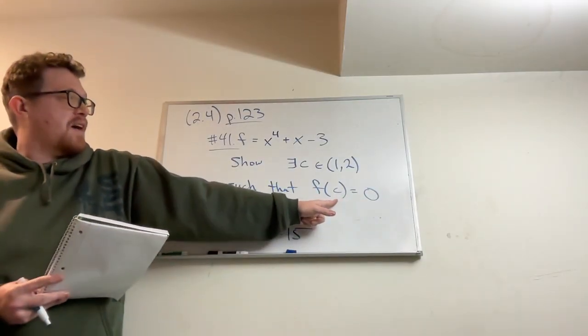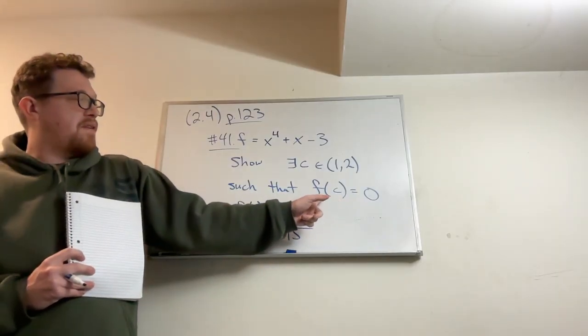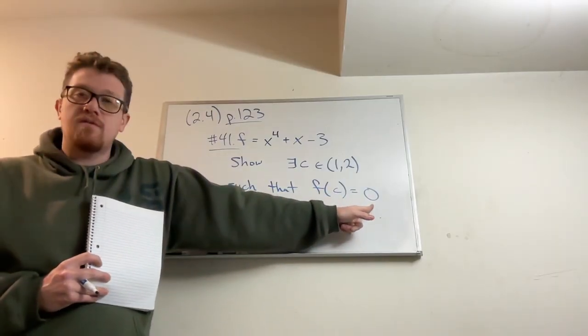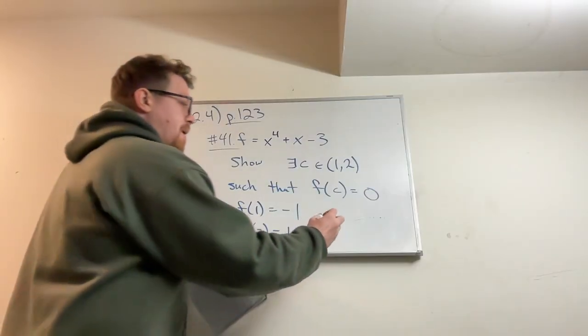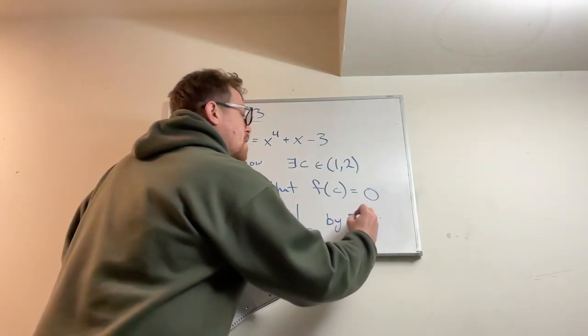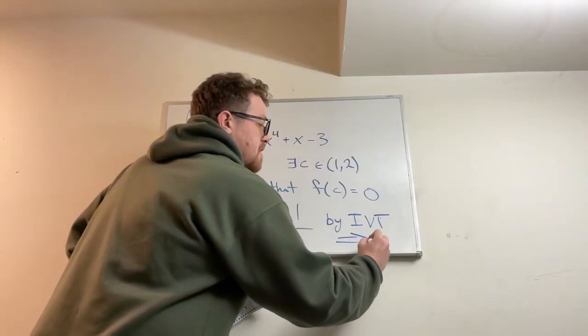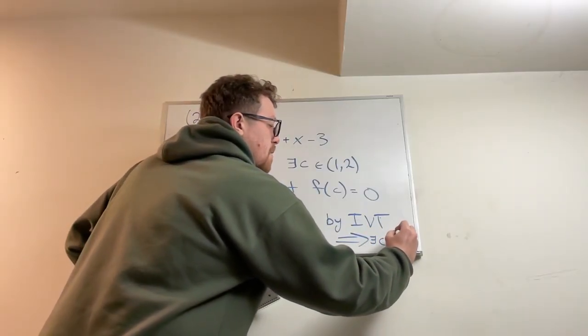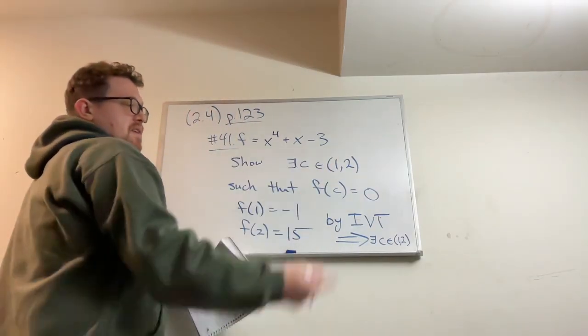There must be some value, by the intermediate value theorem, in this interval where the function at that point is exactly equal to 0, and it's a root. So by the intermediate value theorem, that gives us basically our answer. There exists a c in this range, 1 to 2, and when we plug it in, we get exactly 0.